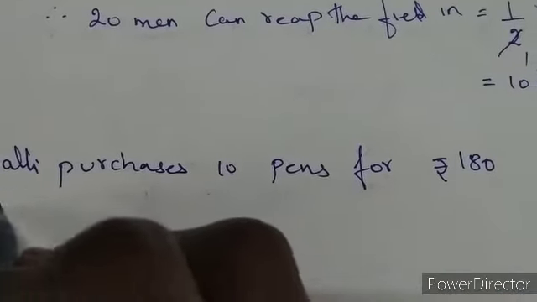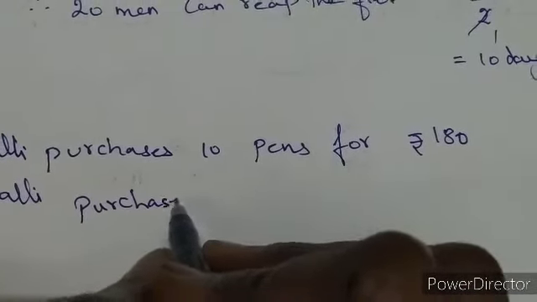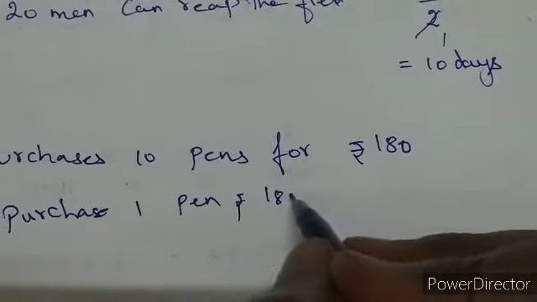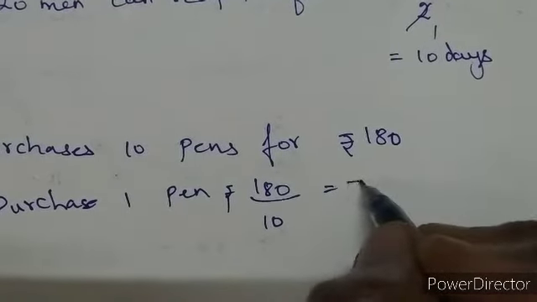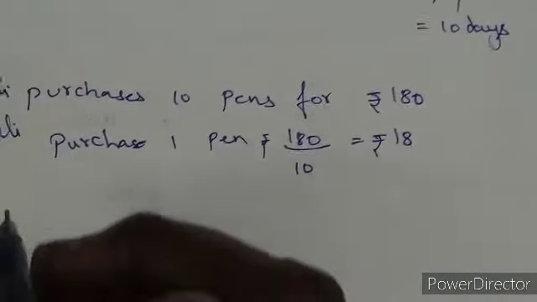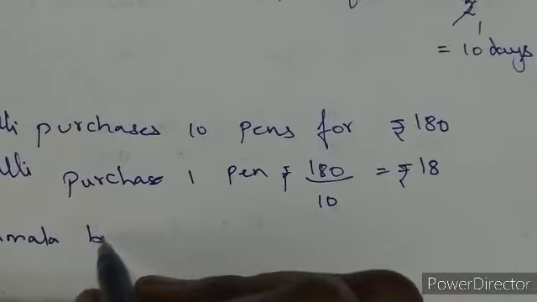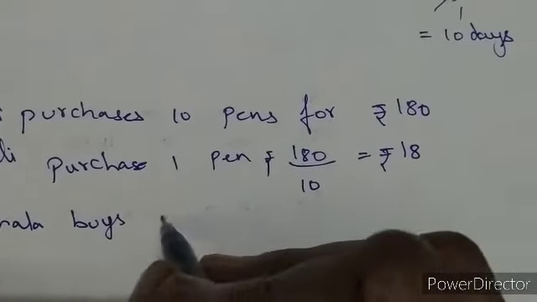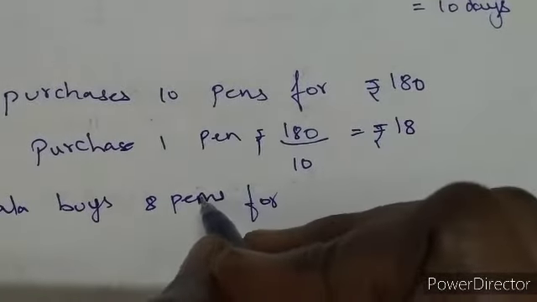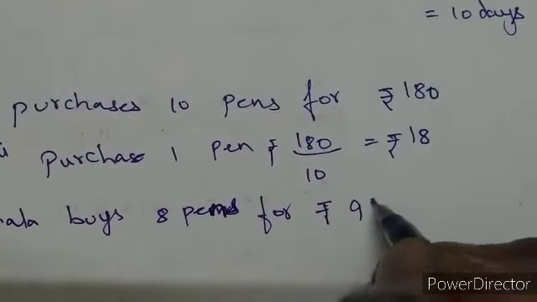Valli purchased 1 pen for 180 divided by 10, which gives you rupees 18. So Valli purchased 1 pen for rupees 18. Next we go to Kamala. Kamala buys 8 pens for rupees 96.